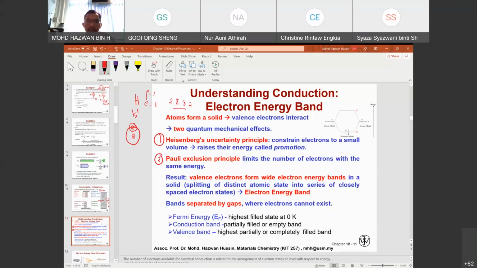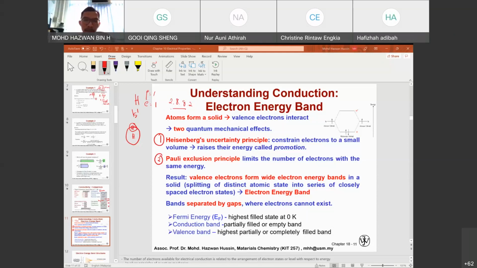So 1s1. S orbital normally can hold or occupy how many electrons? Hafizah, are you there? Very simple question. Yes, doctor.